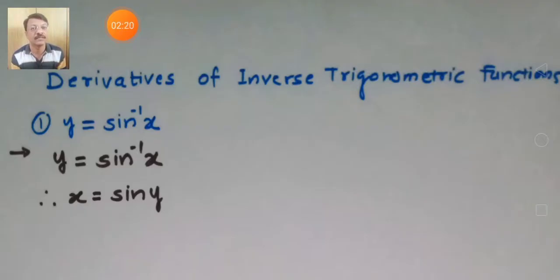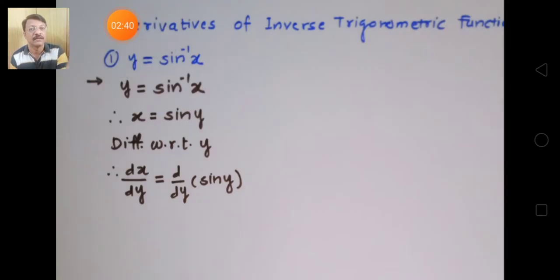Let's start with the first function, y is equal to sin inverse x. Its derivative has to be found out. So what we do is we write y is equal to sin inverse x as x is equal to sin y. You can write it anytime like that. Now we can differentiate x is equal to sin y with respect to y.